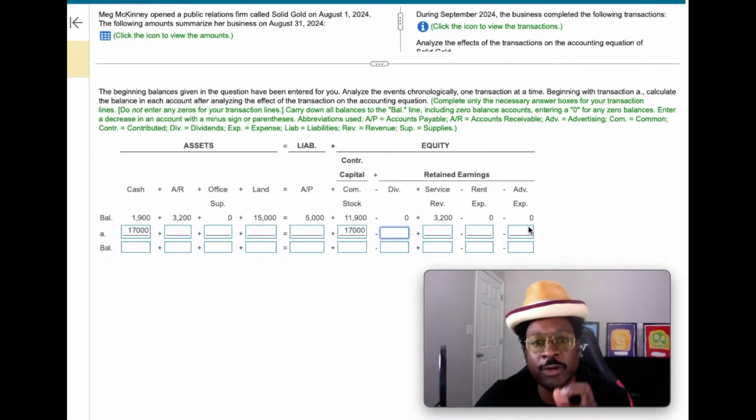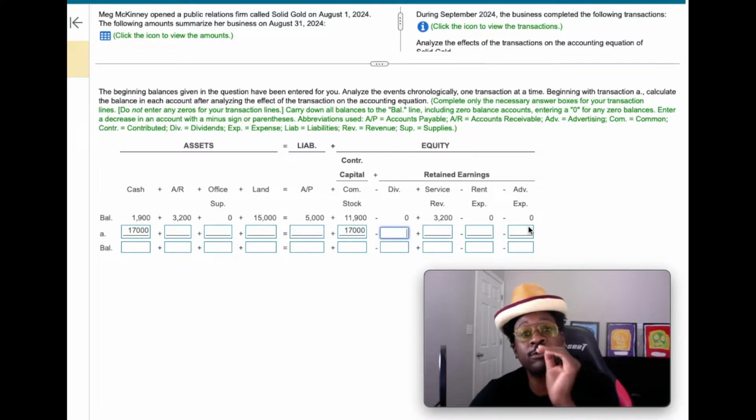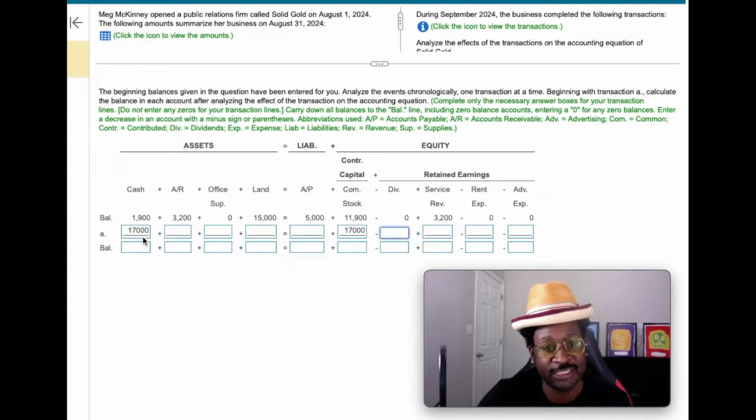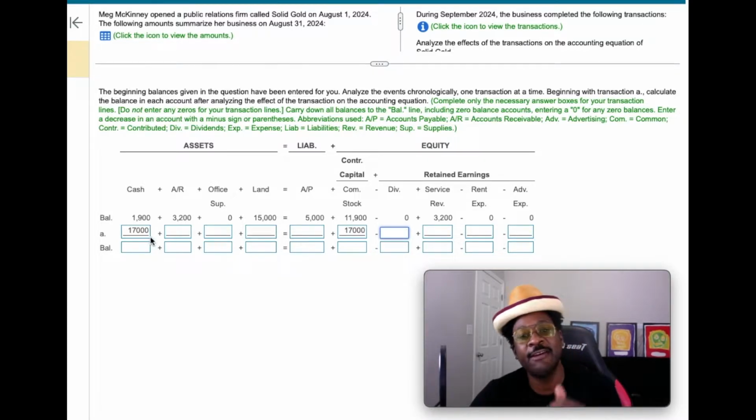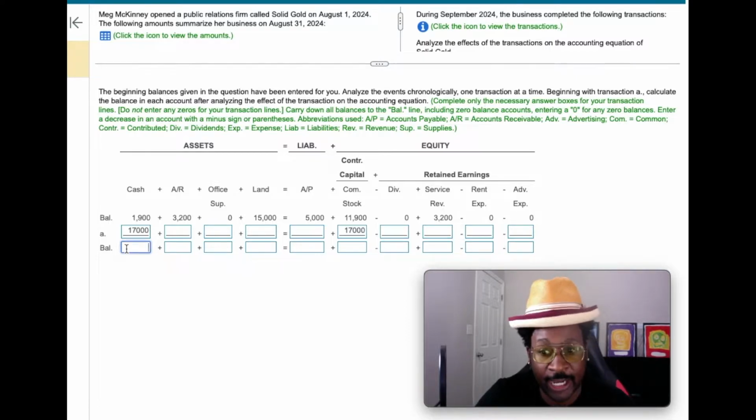And so we know, gang, based on this transaction, that we are now finished because the value of our assets equals the value of our liabilities plus stockholders' equity. We have $17,000 increasing on the asset side, and $17,000 increasing on the liabilities plus equity side. So now we can move on to calculate our new balances.